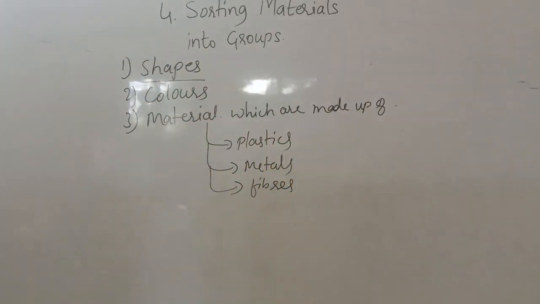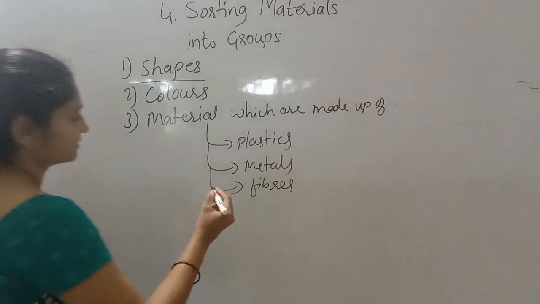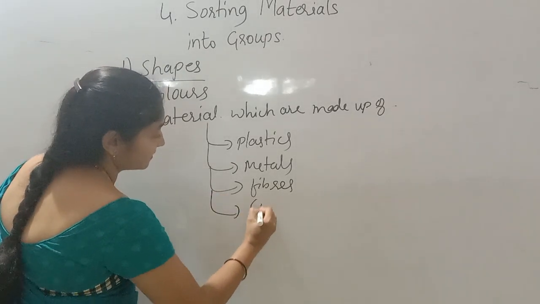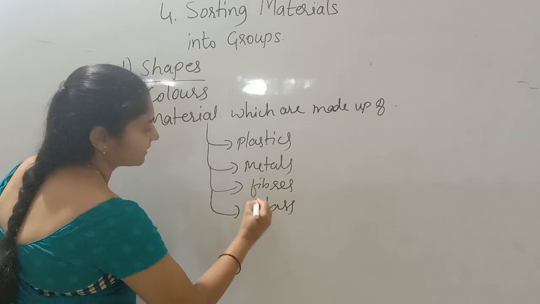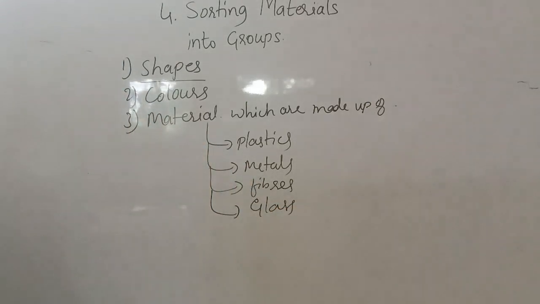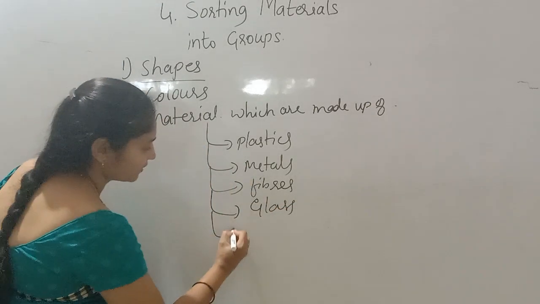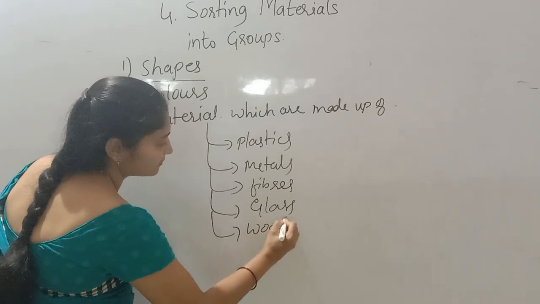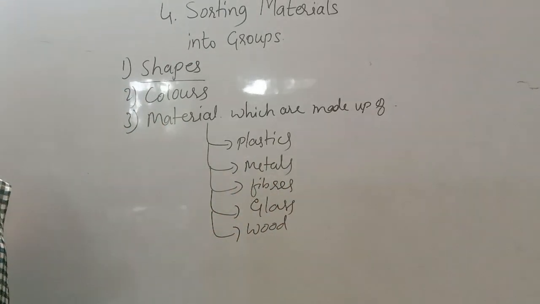Fibers again we can classify here. And glass materials are also there, and wooden materials are also there, wood, right?